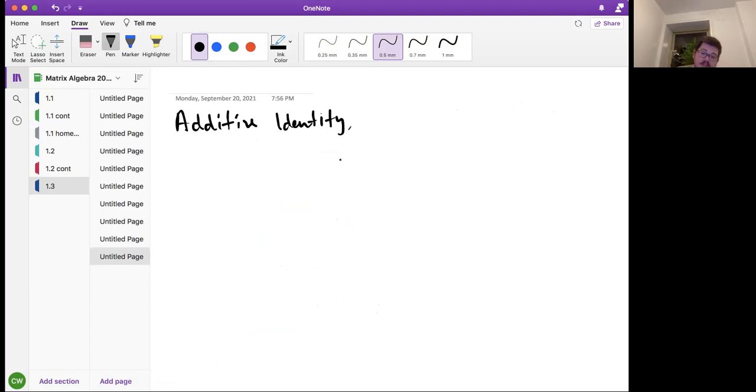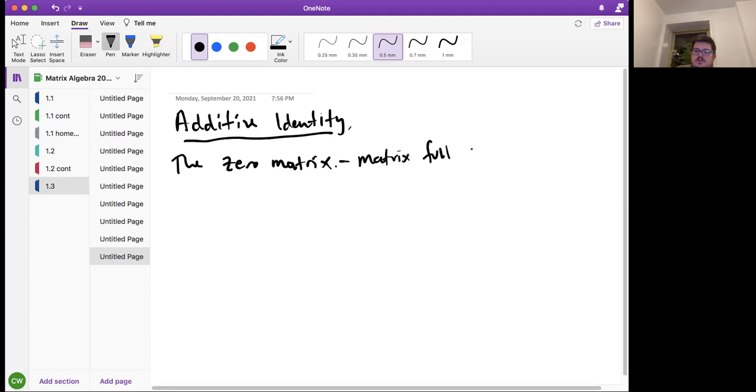What do you think the additive identity of matrix addition is? The zero matrix, yeah. So what is the zero matrix? The matrix full of zeros. One thing that should be said is that it's in the appropriate dimension.